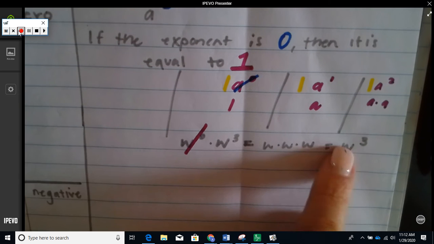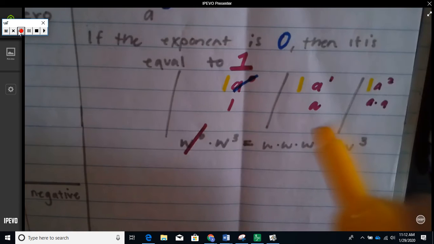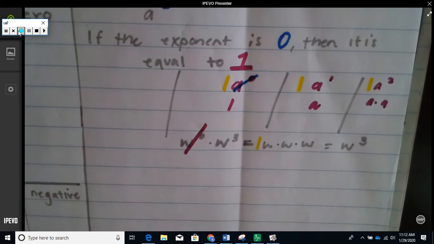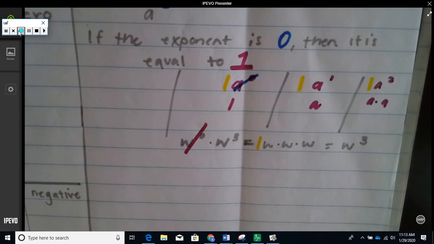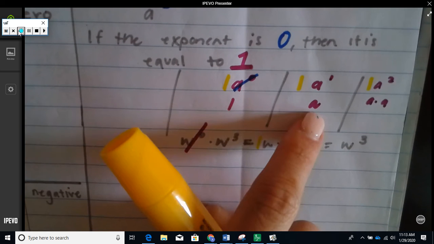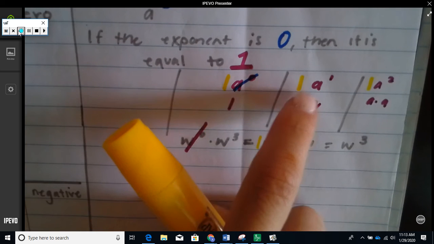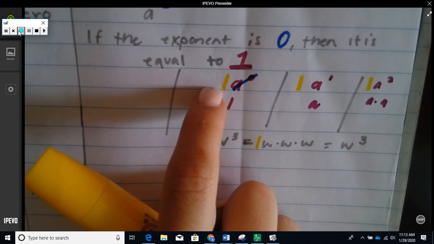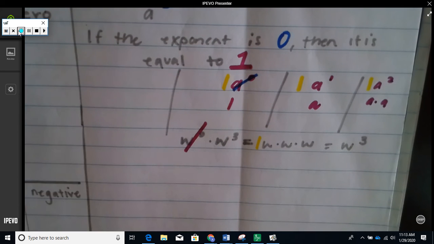You don't have to write the 1. You could, I guess, if you really wanted to. When we see an a, we don't have to put the 1 in front of it. We know the coefficient is 1 there. If it was 0, you wouldn't have anything at all.